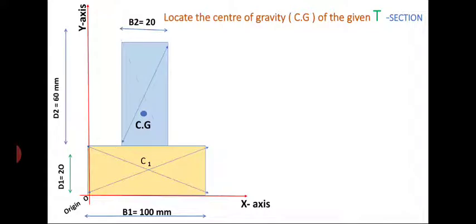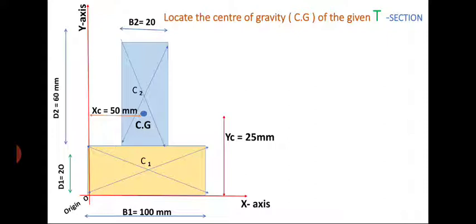C1, C2 are the individual centroids of the T section. CZ is the centroid of the entire T section at a distance of xc from the y-axis and yc from the x-axis.